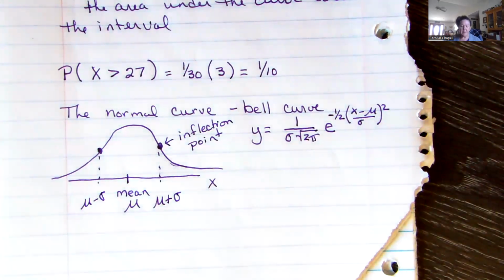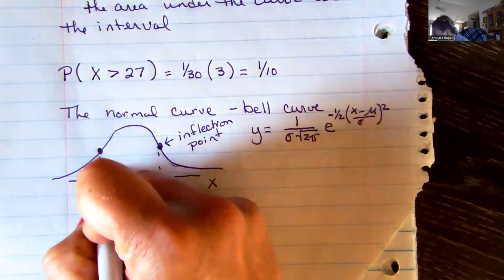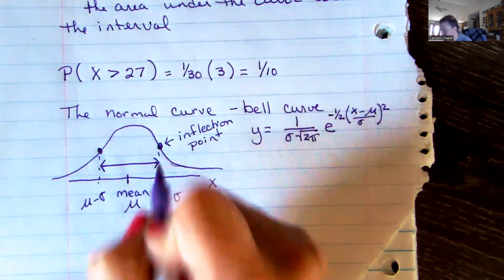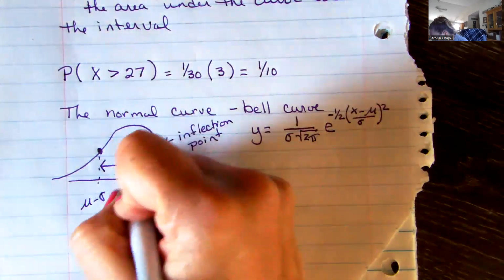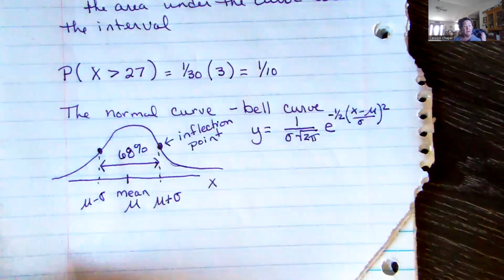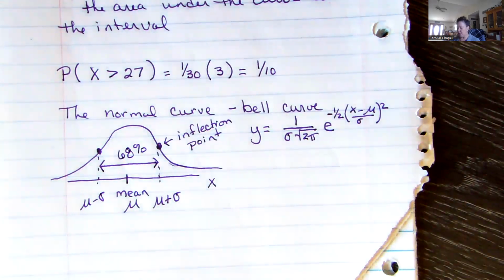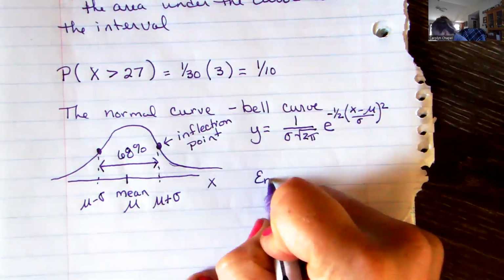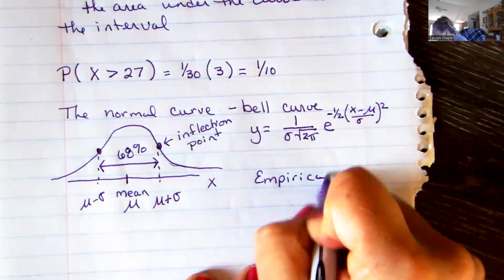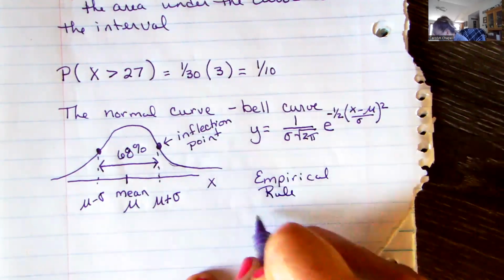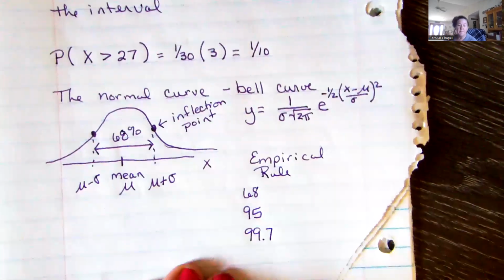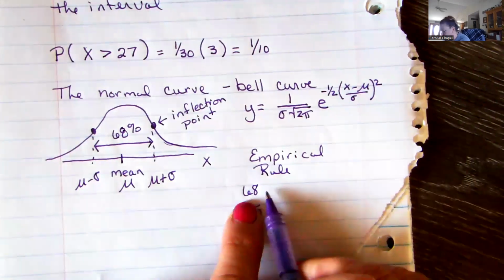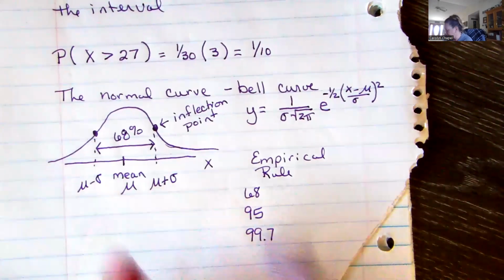I also want to remind us of some other things we learned about how spread out our data is. With the empirical rule, we realized that there's roughly 68% of our data in between those two inflection points. If you can remember that empirical rule, that 68, 95, 99.7 rule, the 68% is when we were within 1 standard deviation.